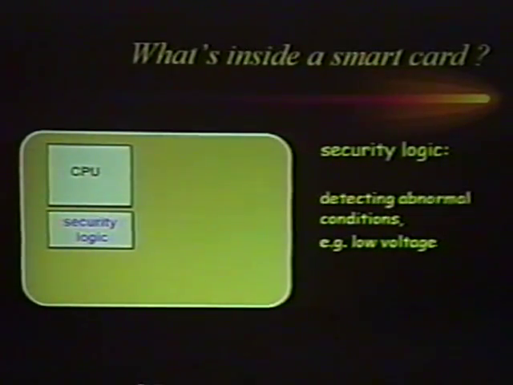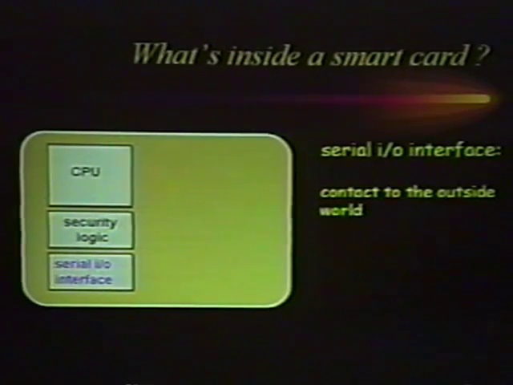Another function is the security logic. Maybe a little bit comparable to a firewall. It's some logic that detects abnormal conditions. And one of these conditions can be a low voltage, as this chip gets its power supply from external source. The next function is the serial I/O interface. We discussed that already. It's the single contact with the outside world.